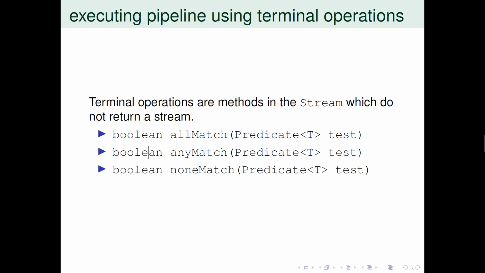If it passes the test, this would return true. So we have allMatch. If any one of the elements matches this predicate, I can ask for true or false with anyMatch, or I can say none of them matches with noneMatch. So allMatch, anyMatch, noneMatch are the terminal operations.